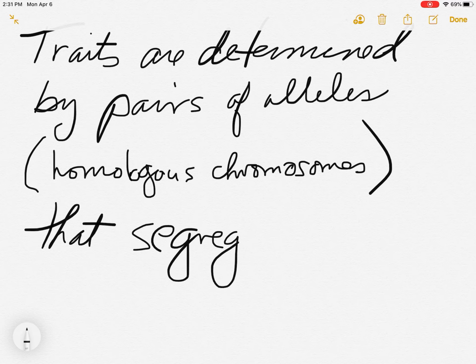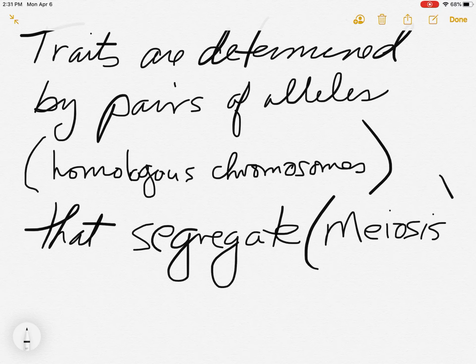And we also know now how they do it. Mendel didn't know this, but we know about the process of meiosis, which is a kind of cell division that pulls apart the homologous pairs of chromosomes.